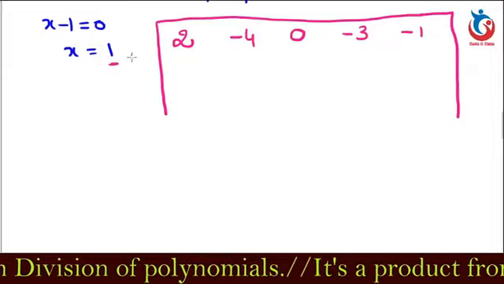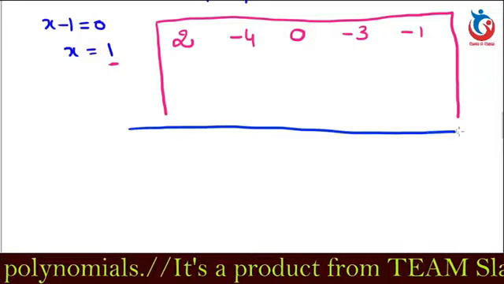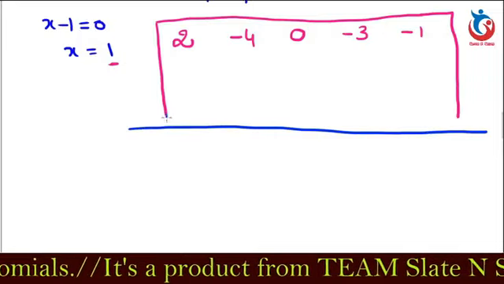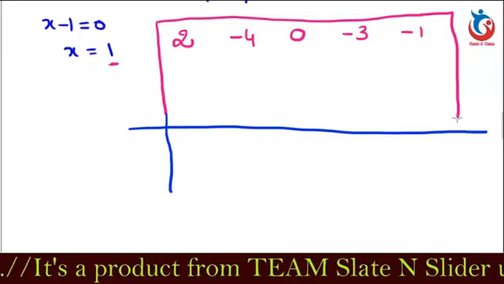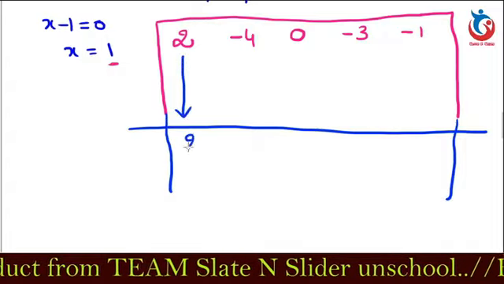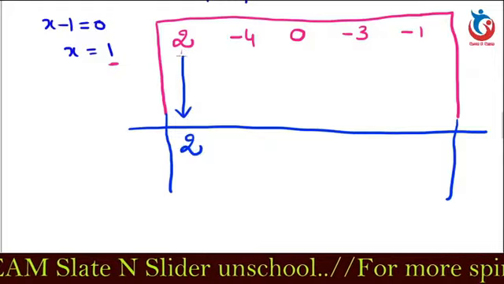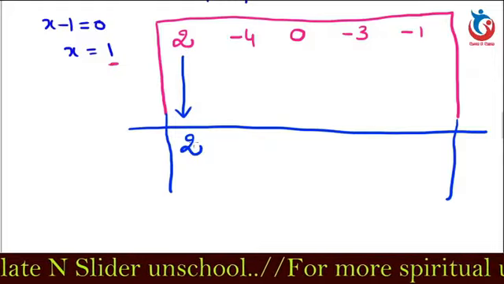So with this one we have to divide, but for the first step we should take 2 as it is, same like before. For every problem, the first time you should take 2 as it is, and we should multiply these two.